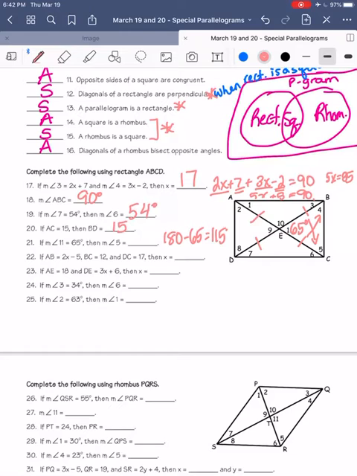And then we're going to take the 115 and divide it by 2, because these two angles, 4 and 5, should be congruent. Now it is a decimal. We've talked about it a lot. We tend to panic and think we've done something wrong, but you have not. It can certainly be a decimal. So 57.5 degrees. Okay.